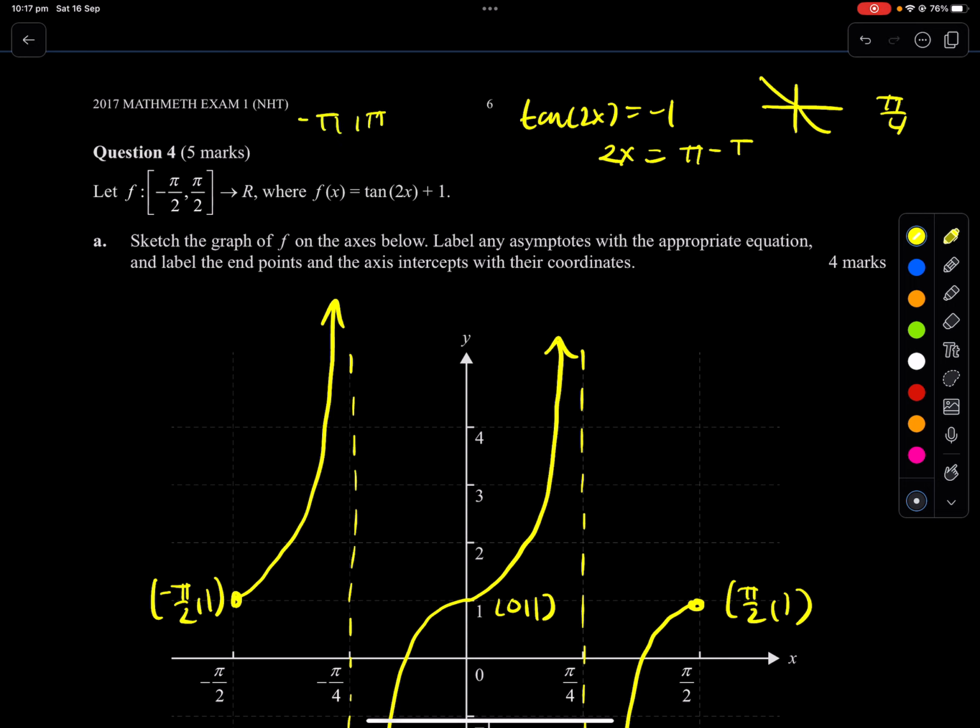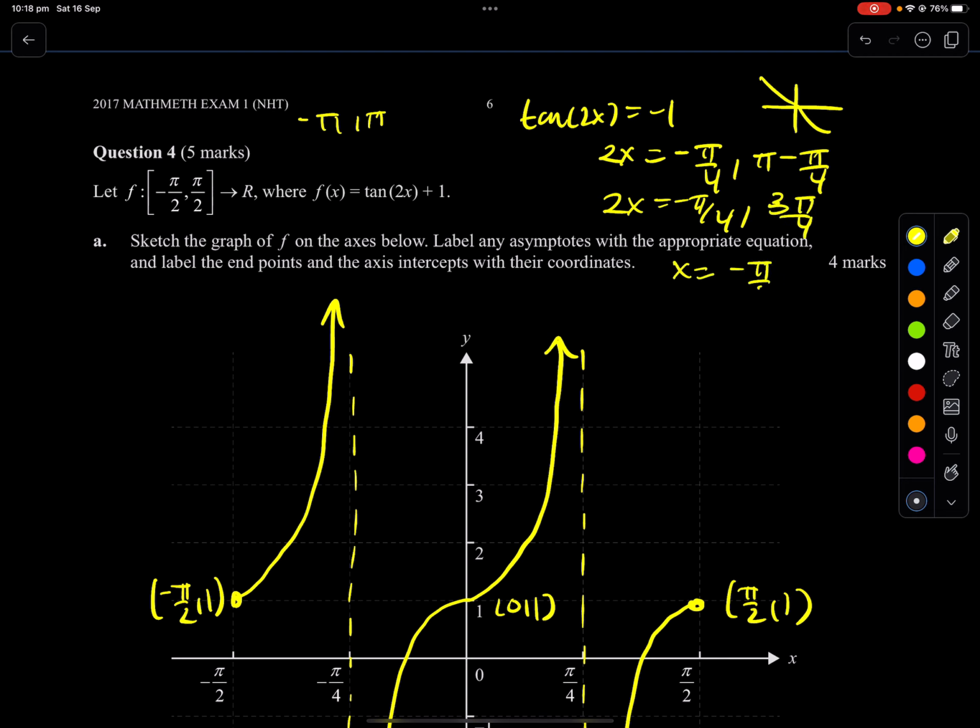So we want the solutions to be negative pi over 4 as the first one, and pi minus pi on 4, so 2x is negative pi over 4, 3 pi over 4, which final answer is negative pi on 8, and 3 pi on 8.